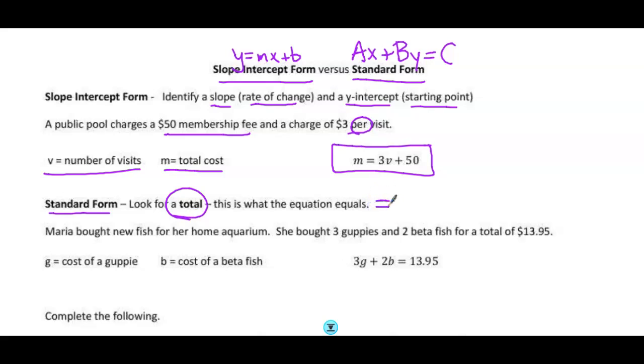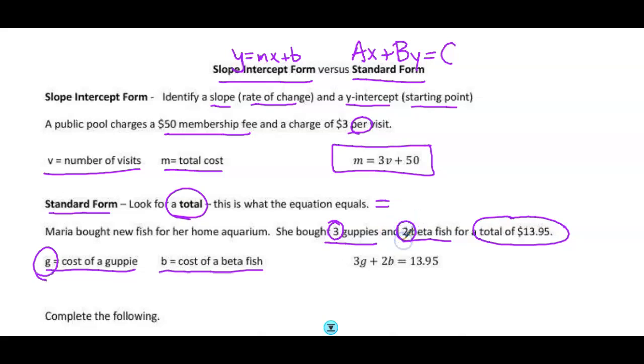It says Maria bought new fish for her home aquarium. She bought 3 guppies, 2 betta fish, for a total of $13.95. It says G is the cost of a guppy, B is the cost of a betta fish. So 3 right here, we're going to multiply by G because 3 guppies times the cost will give you the price of the guppies.